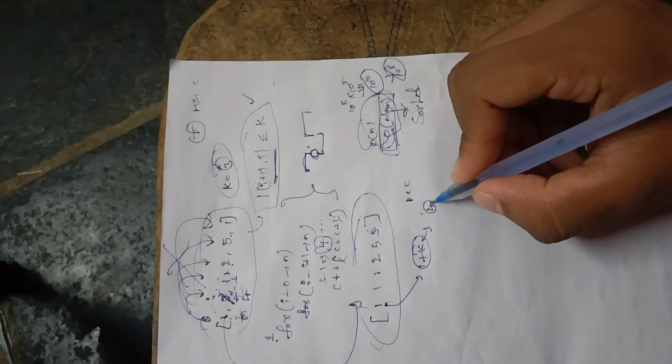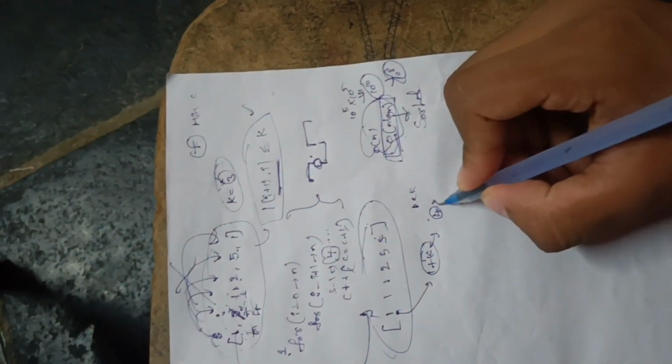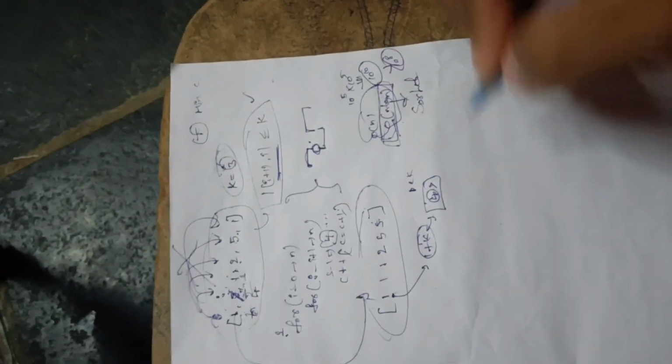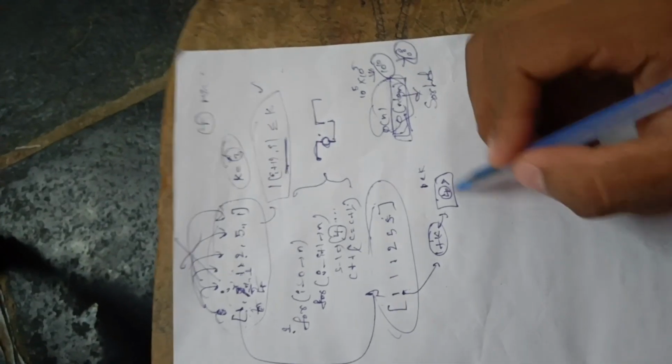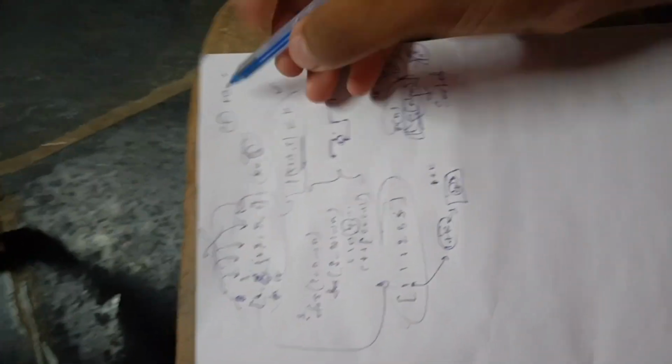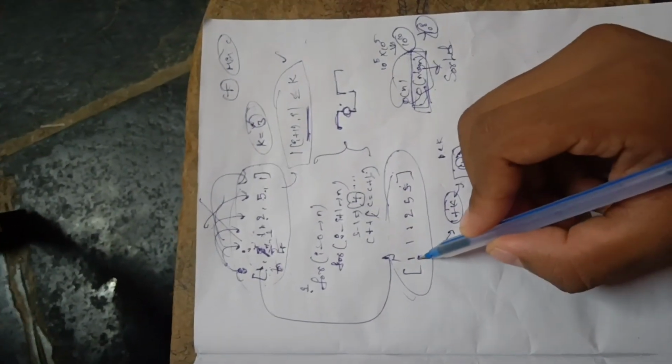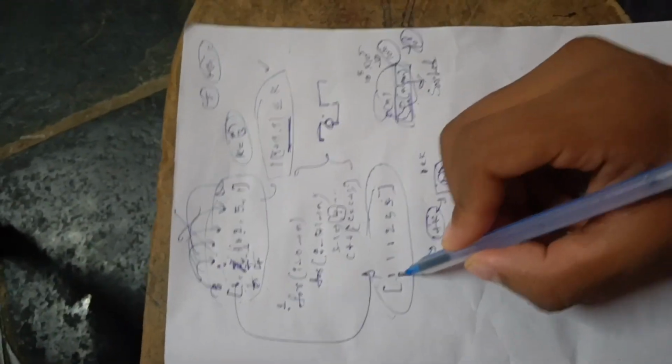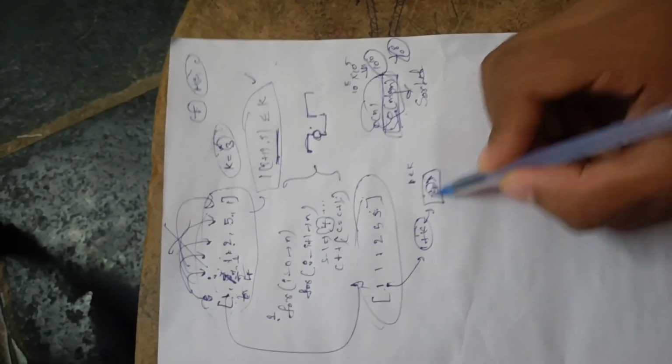When we get an element greater than 4, then we have to increase our count value, because we need to know the count value. That's why I'm adding k to the current element, which gives me 4.